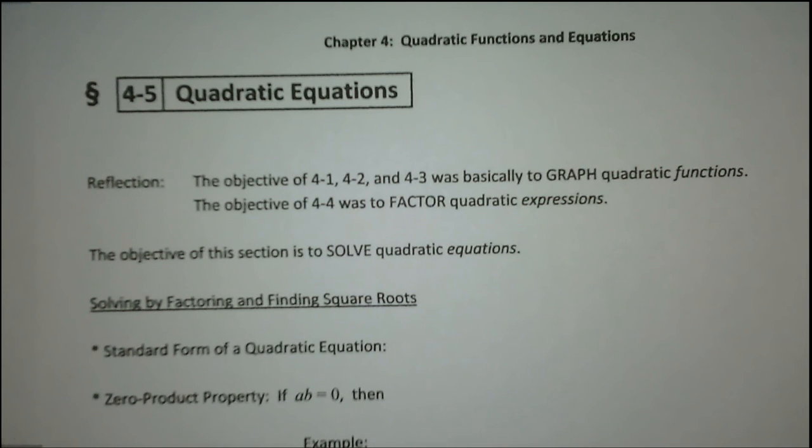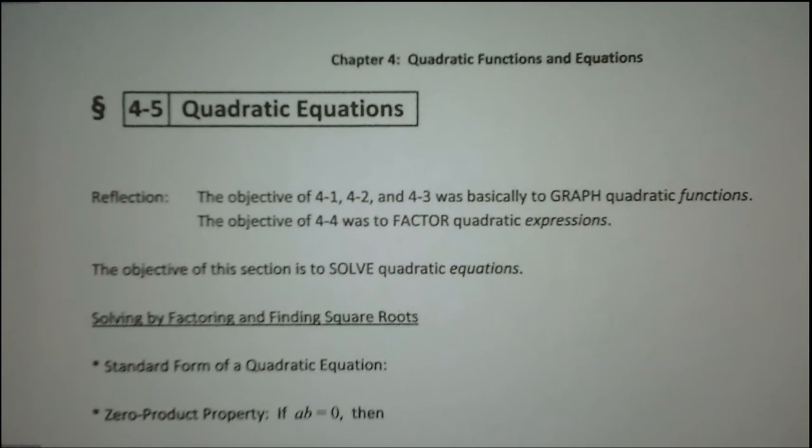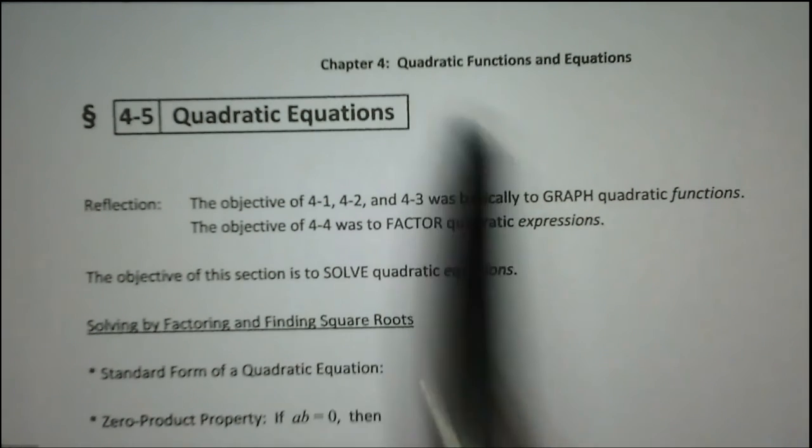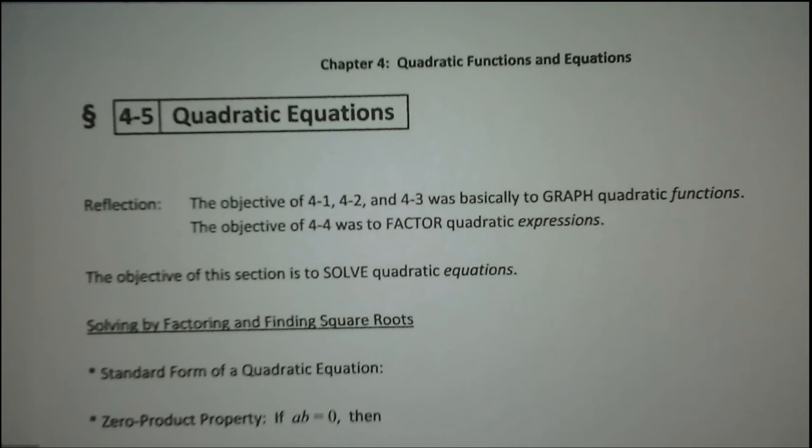But I think this order is going to be very, very good for us. So we're starting off with 4-5. This chapter is called Quadratic Functions and Equations. And now we are going to really venture into new and exciting material that is Algebra 2, big time.